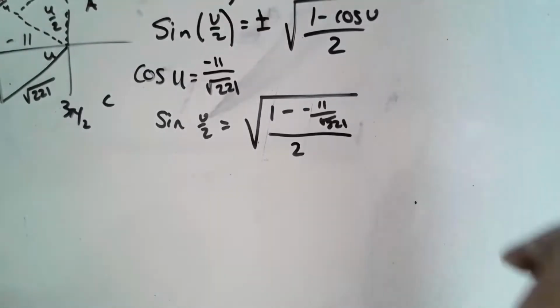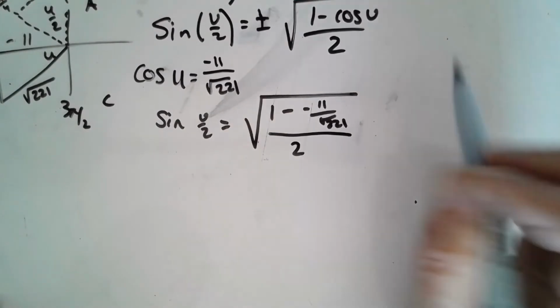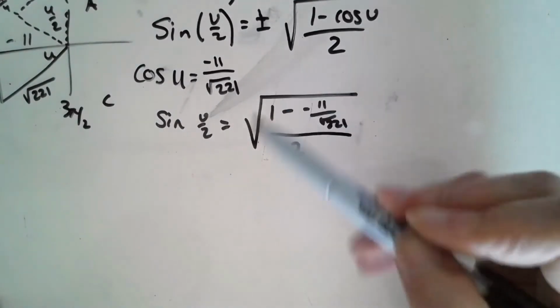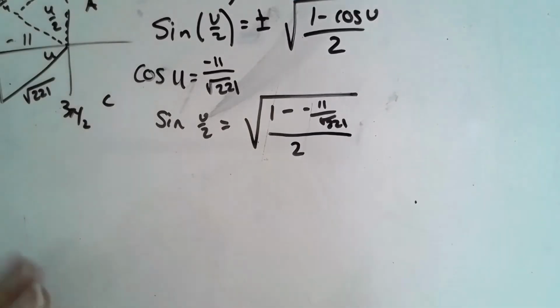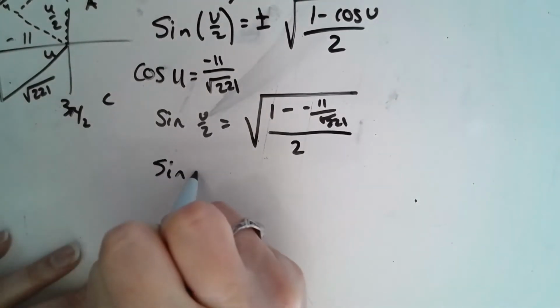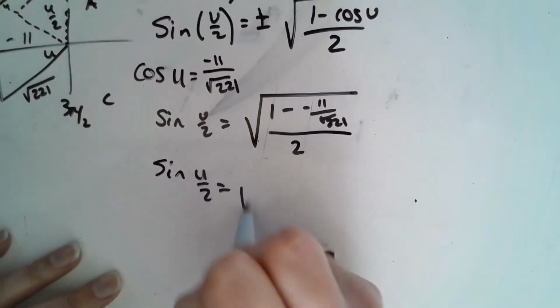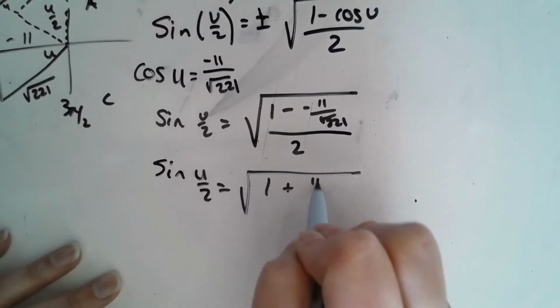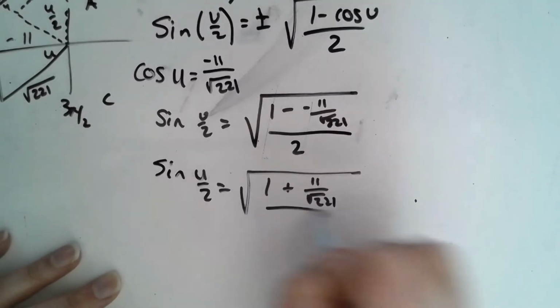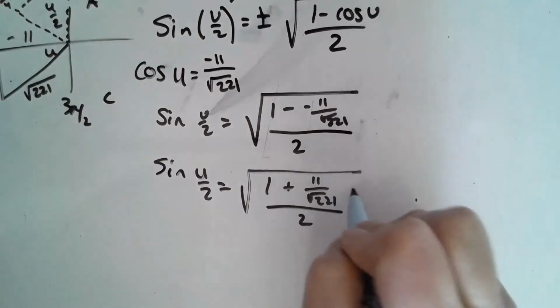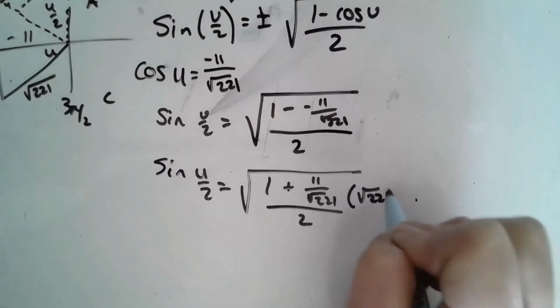Okay, so here's where the mistakes start coming in. This is going to be a pain in the bum to simplify. So here we go. Sine of u halves equals the square root of 1 plus 11 over square root 221, over 2. I personally like to just multiply by square root 221.